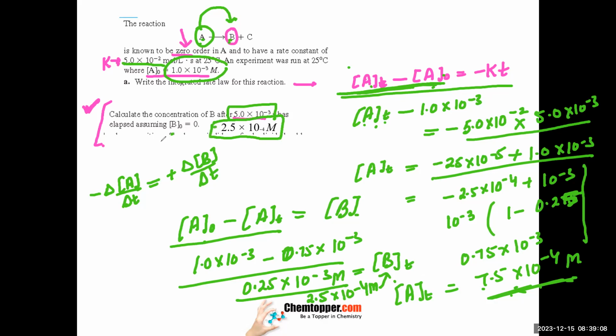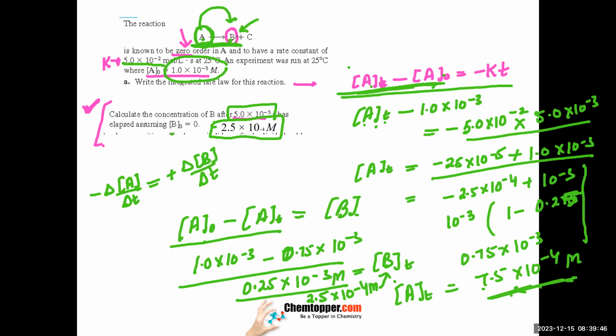Children, are you getting this? Yeah, rate of disappearance of A is also the same. So when the time is given, the initial concentration is given, and you calculate the concentration of A left unused, then take the difference. That is the amount which has converted into B. The ratio is 1:1. So whatever amount of A is converted into B is used up, exactly the same amount of B is formed. 1:1 ratio, children.